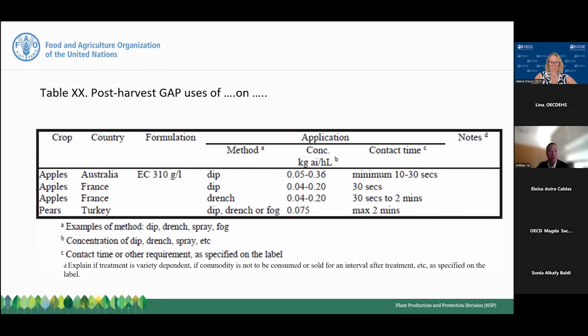For post-harvest, the more important thing is that we need very specific, detailed information on the application method and concentration: how to apply, by dip or drench, or a combination of dip and drench, the concentration of the solution used, and the contact time. This is quite different from normal agriculture. This is for the post-harvest GAP.